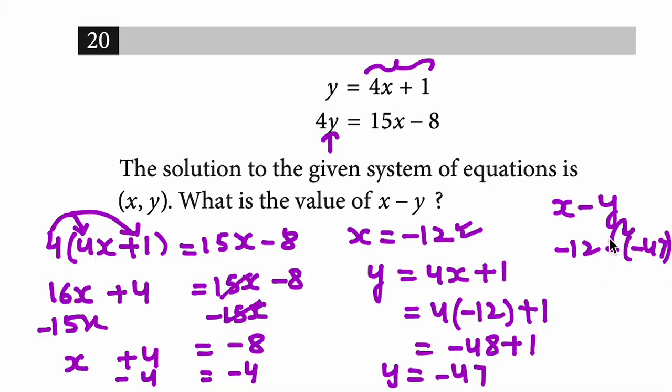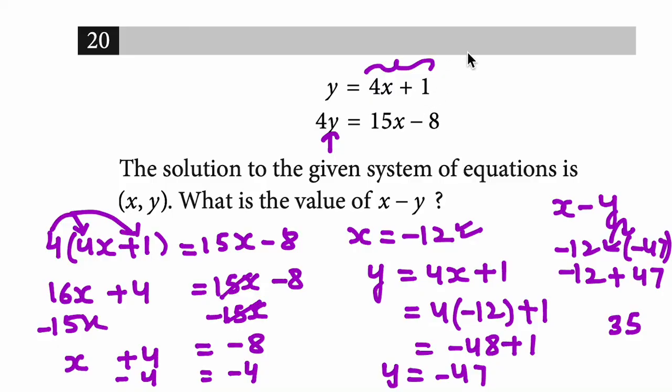So by the distributive property with signs, negative 12 plus 47. What will be the value? 47 minus 12, 35. Am I correct? So that is the value. This is one of the methods.